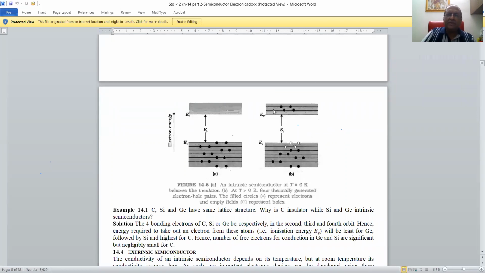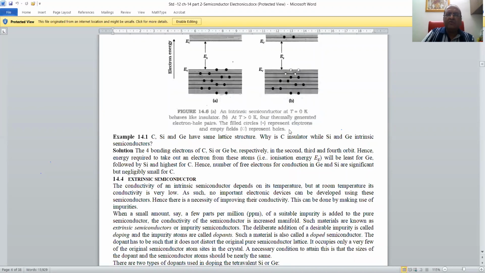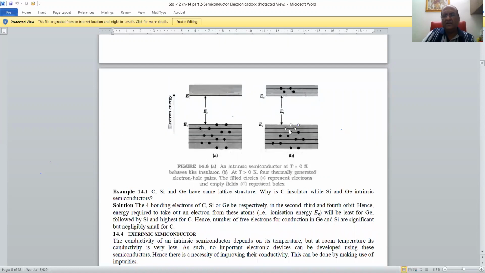Okay, so that particular band structure at room temperature is like this one. But here what happens, actually in higher energy levels the electron can't sustain, so within a time interval of a nanosecond it will jump back to the valence band and another electron will jump to the conduction band. So this jumping between valence to conduction and conduction to valence continues. These transitions will continue as a process.